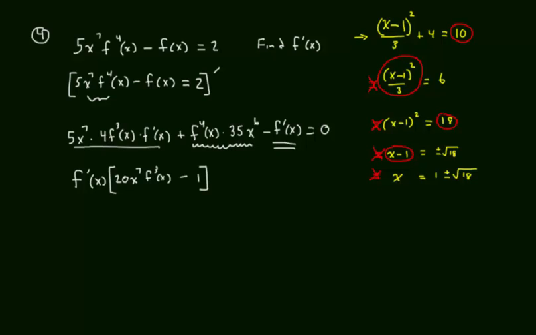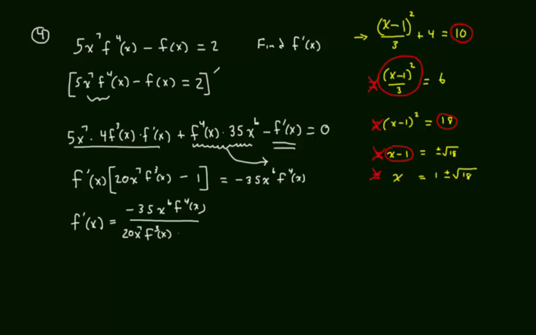So I want to bring that to the other side via, in this case, subtraction. So minus 35x to the power of 6 f to the 4th x, like that. And then in my final step, f prime of x equals negative 35x to the power of 6 f to the 4th x all over this entire quantity, 20x to the 7th f cubed x minus 1. Just like that.